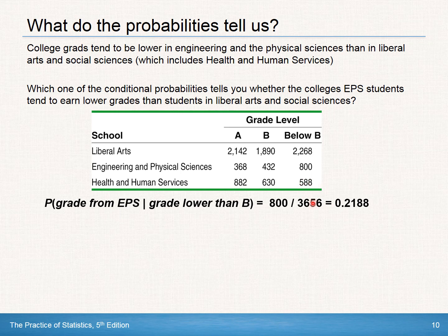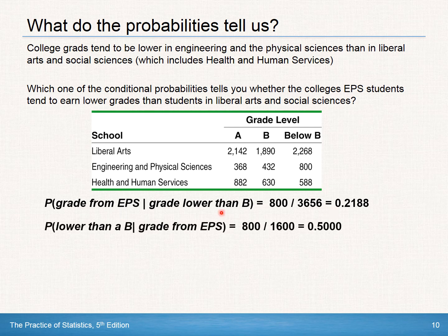The total of grades lower than a B was 3,656. Now we're just going to look at the engineering and physical sciences from that column. That was 0.2188.